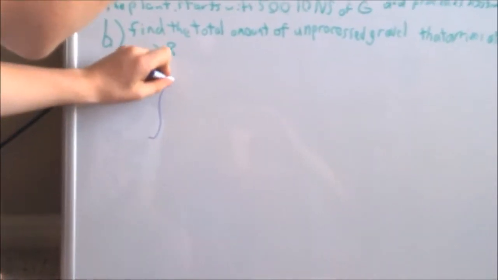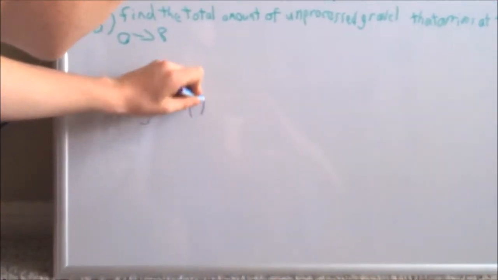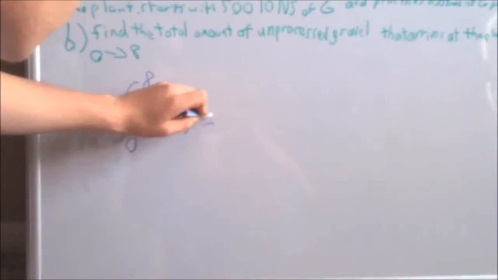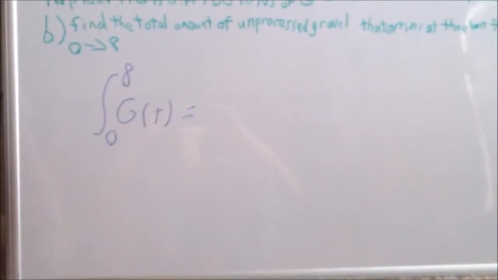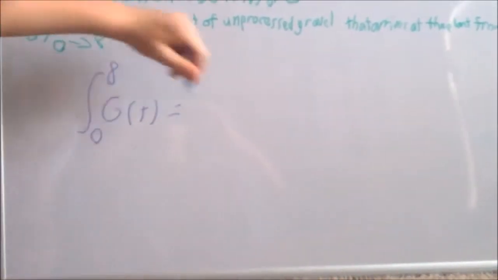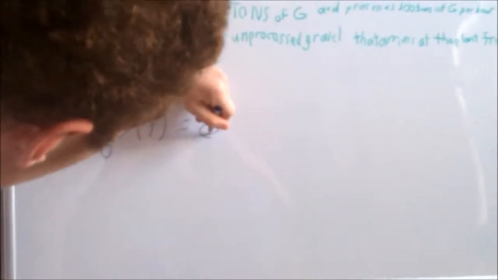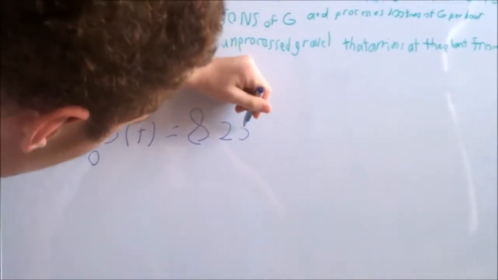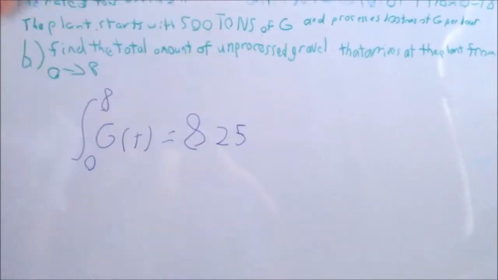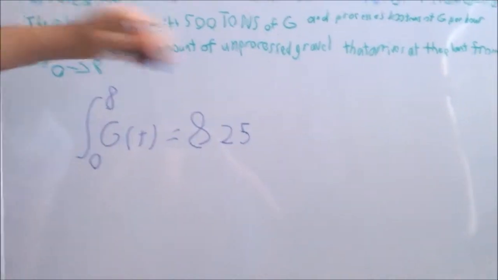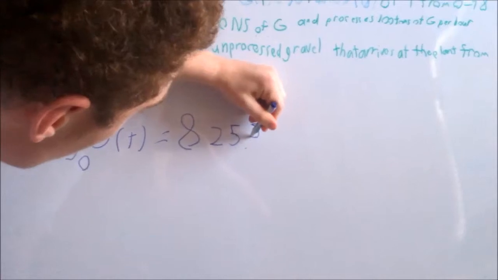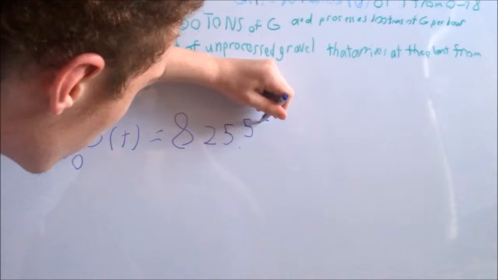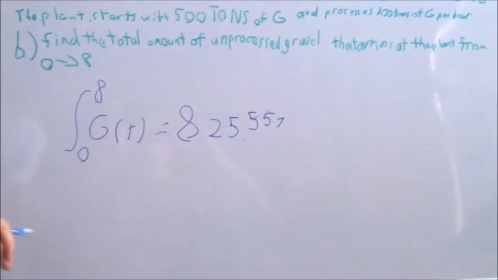The integral of g of t from 0 to 8 equals, and I'll just skip this for you and tell you the answer so you can check on your calculator, 825.1. This is the number you should get.